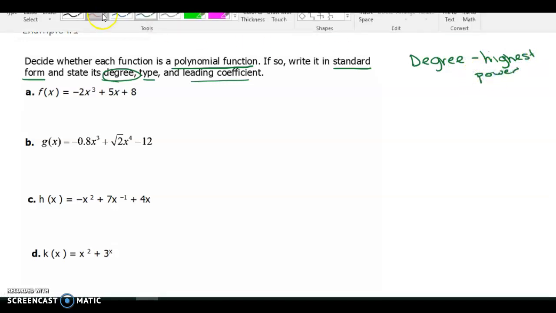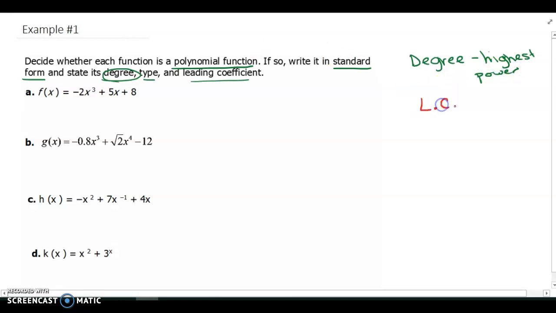And then the leading coefficient is the coefficient, or the number in front of the highest power. The type would be like we just talked about. Is it a constant? Is it linear, quadratic, and so on and so forth? And I think that's it.